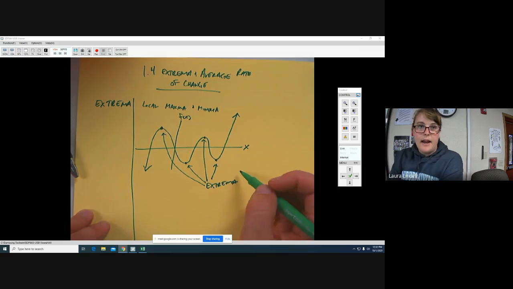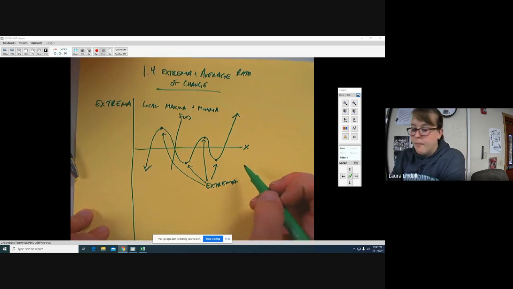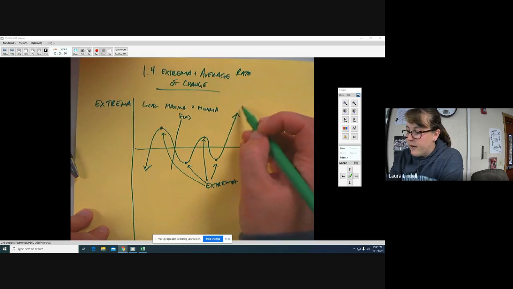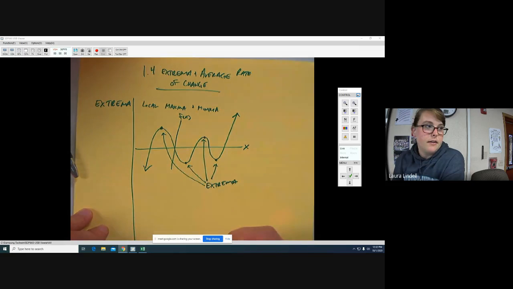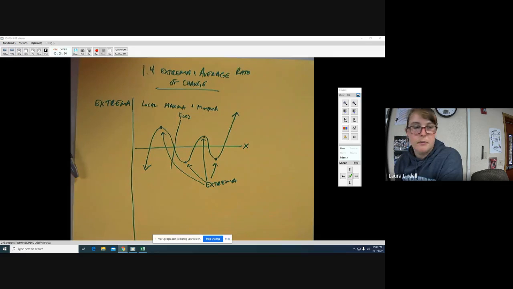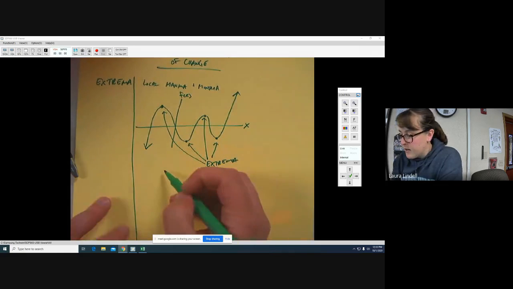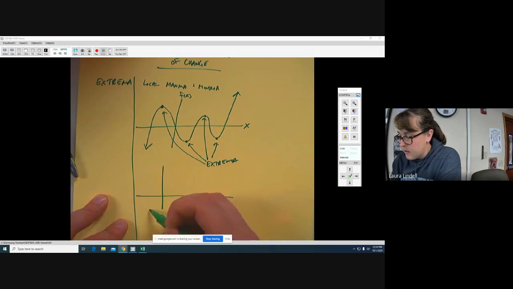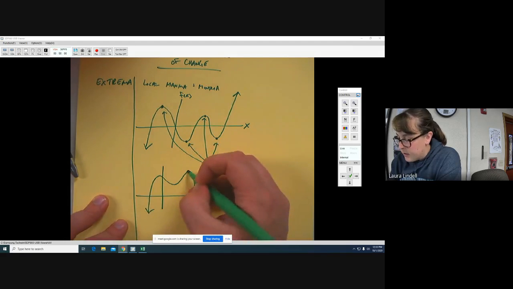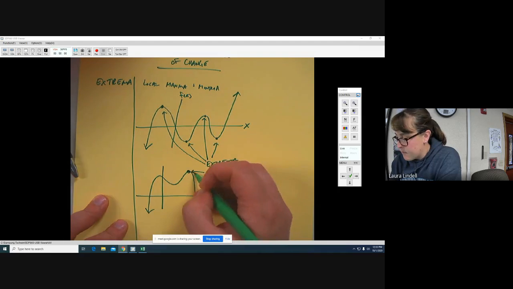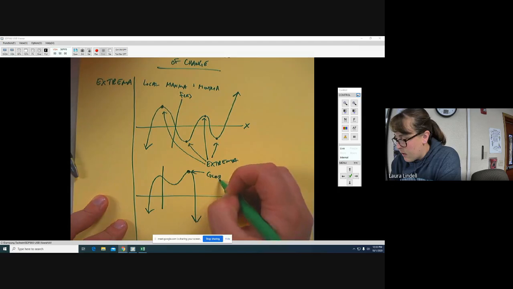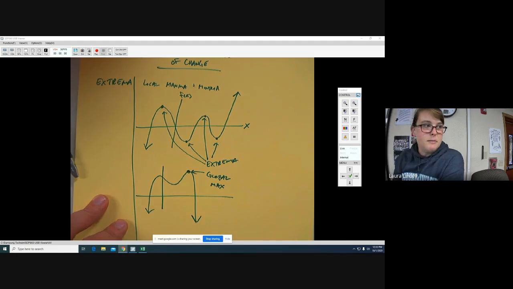This one does not have a global max or a min because it goes off to infinity and negative infinity. So it does not have a global overall max or min, it only has local max and mins. But if we had something like this, one has a global max, or an overall maximum.